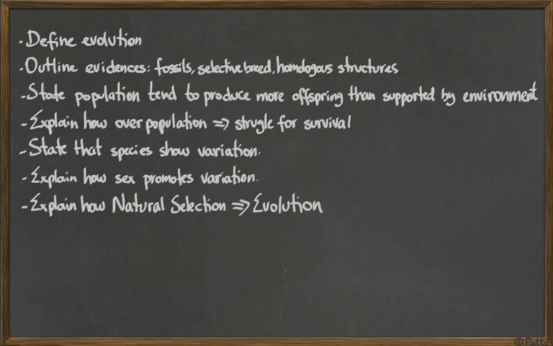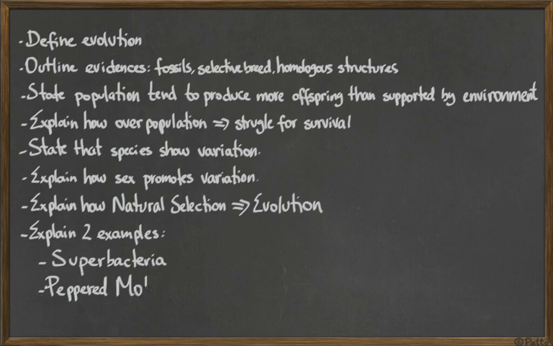Natural selection pushes evolution to happen. Explain how it happens, and explain two examples: superbacteria, which we are going to see in another class, and pepper moths, which I briefly showed you before and you're going to see in a simulation in a while.